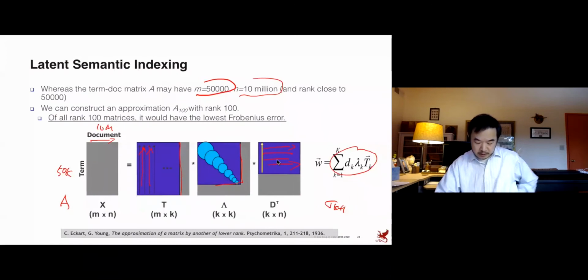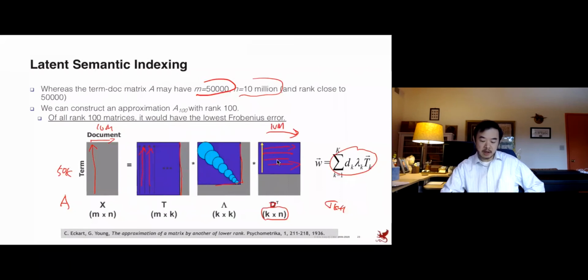And in this particular case, how do we make a correspondence between the original document in here and the document in the projection space? Actually, this is how it works. If you look at this D matrix, by the way, it's a K times N matrix. N is still the total number of documents.